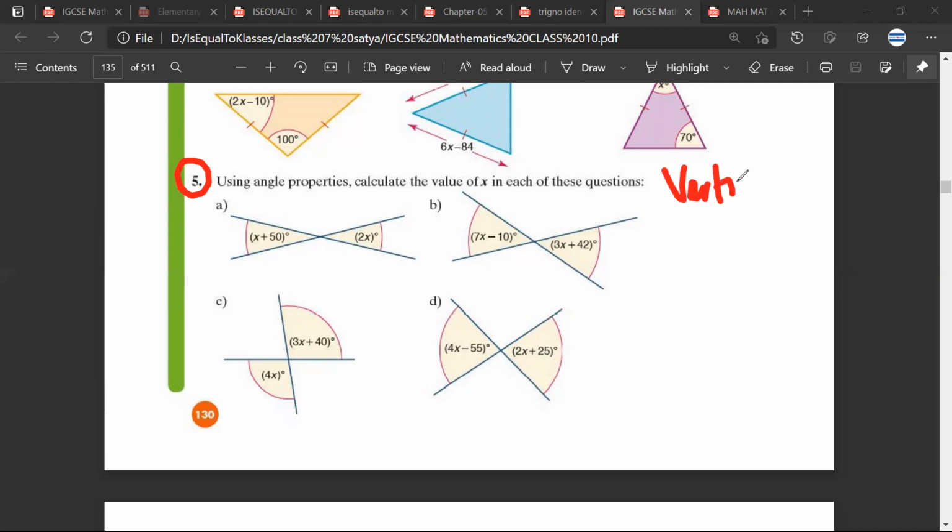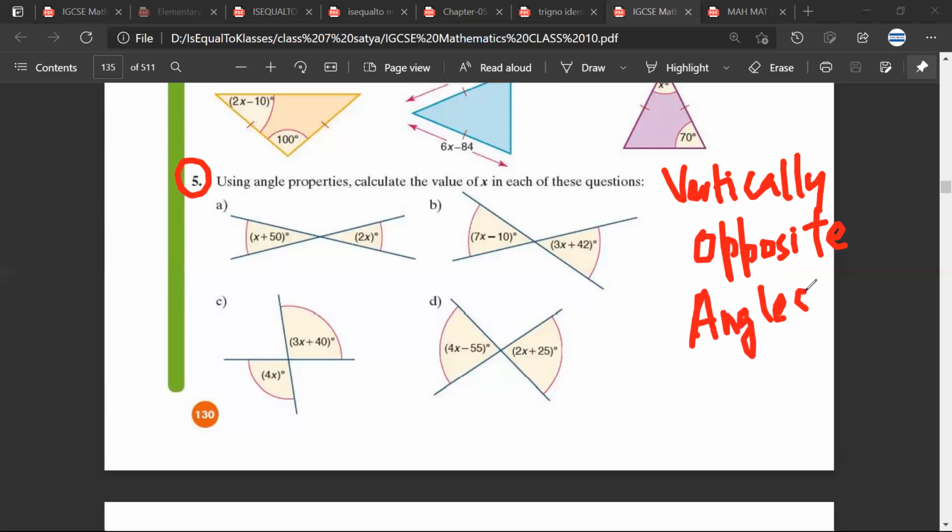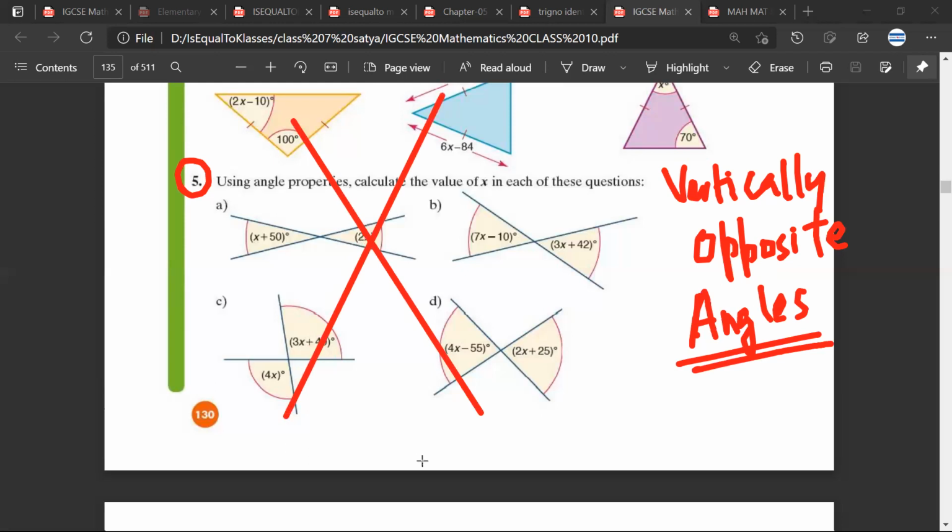X plus 15 plus 2x is equal to 180. Remember, we had done this, vertically opposite angles. Do you remember this? Mr. Sarthak, do you remember this?